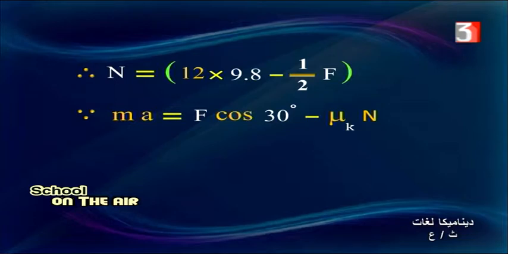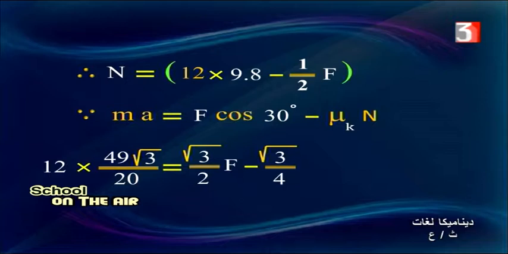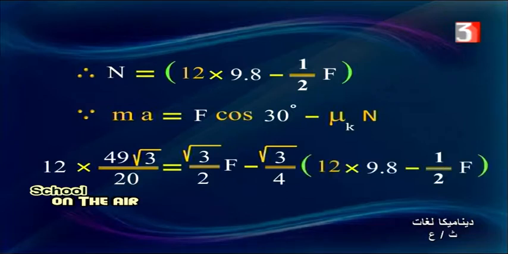MA equals F cosine 30 minus mu kN. The mass of the body equals 12 kilogram, multiplied by the acceleration 49 root 3 over 20, equals root 3 over 2 F minus mu k N, which equals root 3 over 4 times (12 times 9.8 minus half F).